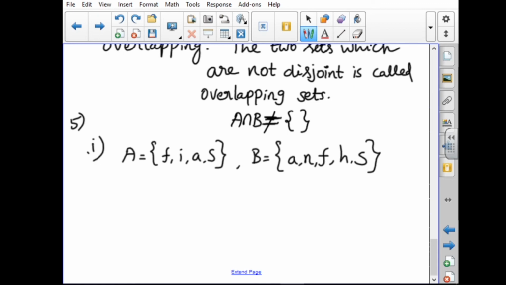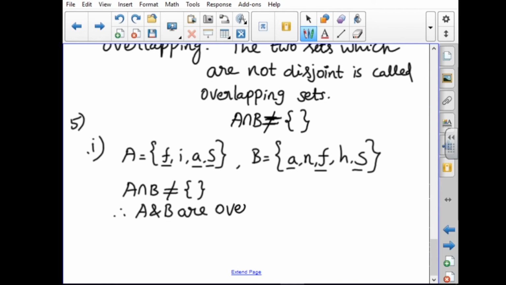Is this disjoint? Here A and S and F also are common. Okay, so A, F and S, 3 common elements are there. So the intersection part A intersection B is not equal to empty. Therefore A and B are overlapping sets.